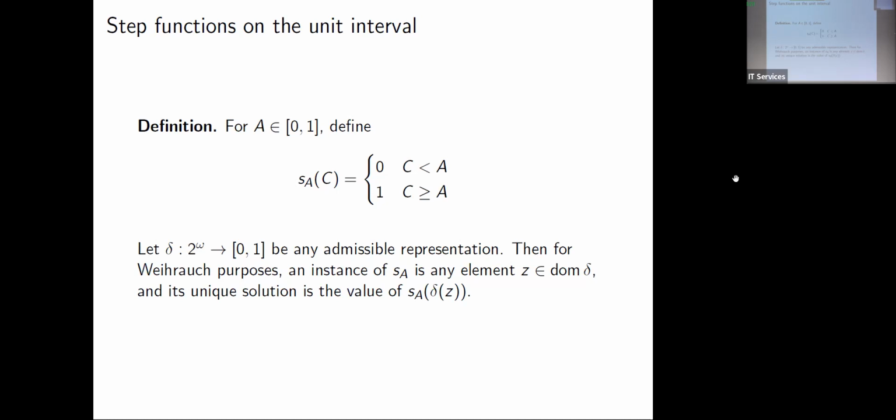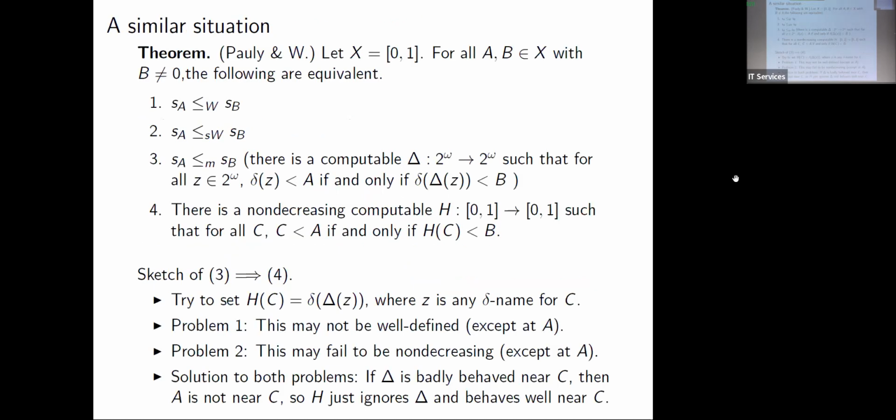All right, so that sounds like kind of a mild thing, but it turned out to be rather annoying to deal with. Nevertheless, with Arno, we were able to prove most of the preceding theorem, though it certainly ended up a lot more annoying.